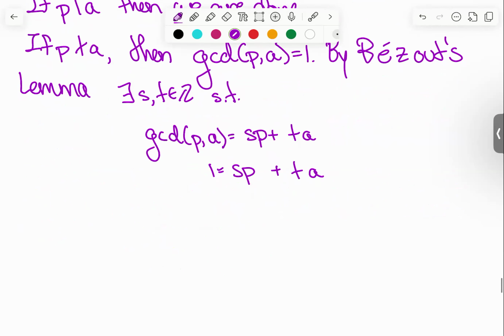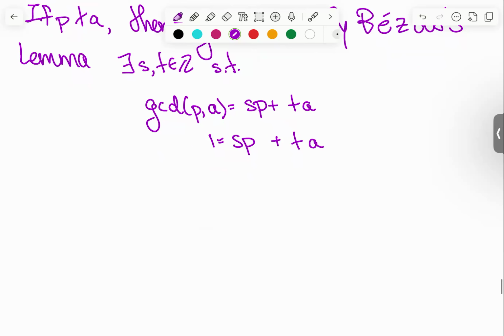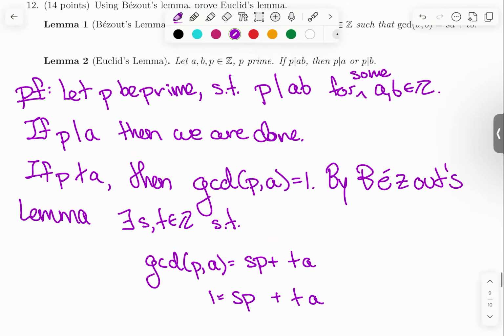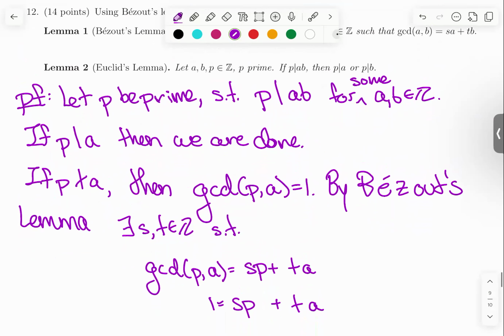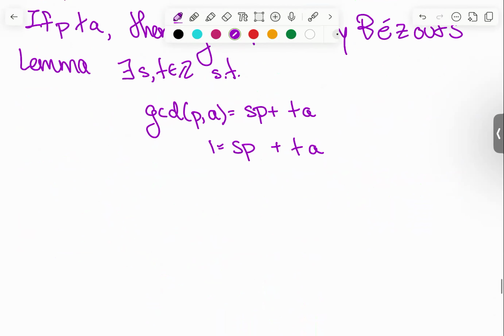My plus looks too much like a T. I really should use a different letter, but here we are. So what is it that I want? I want to show that P divides B, right? If P divides B, then that means that B equals P times some integer, right? And I have 1 equals blah, blah, blah. So why don't I turn that into B equals blah, blah, blah.